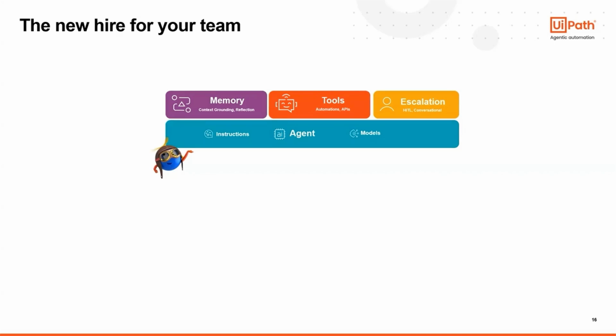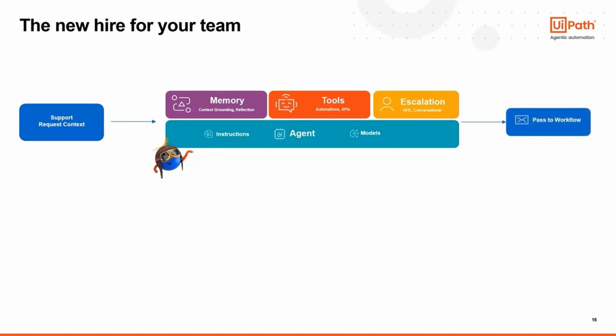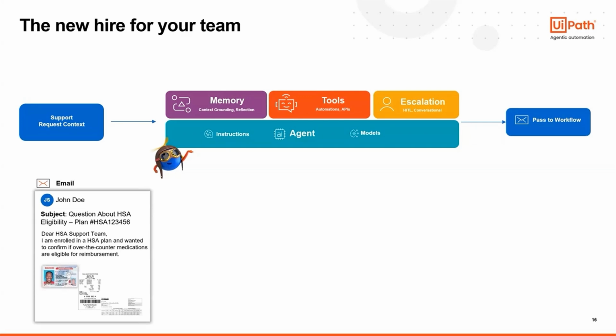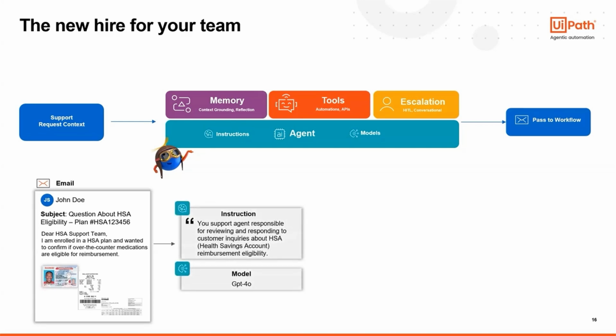To relate it back to the health claims example, I have information coming in from the customer. That robot is going to index that initial piece of information. In this case, John Doe is inquiring about an HSA plan and what is eligible or not. Based off that email, we are going to send that index information to the agent itself. The agent's going to look at its set of instructions that it defines.